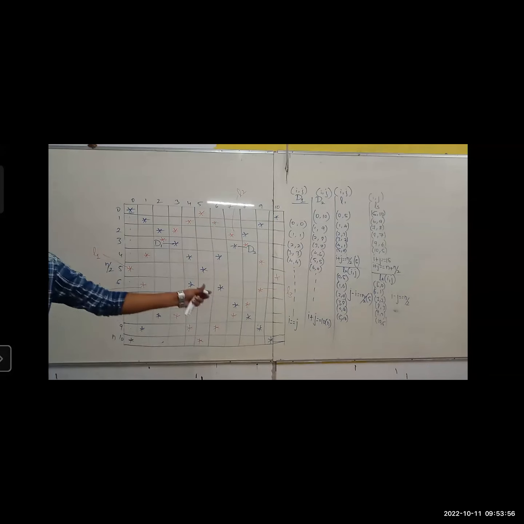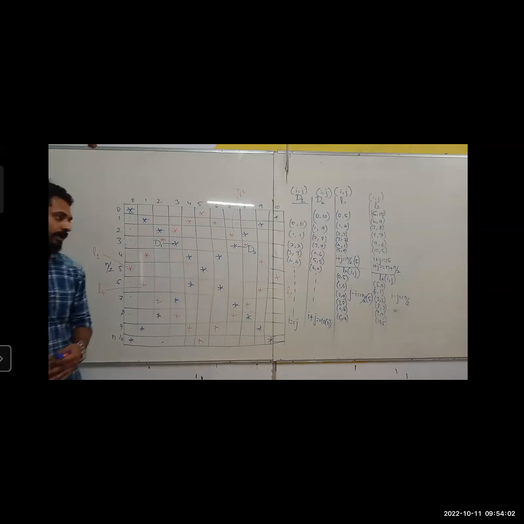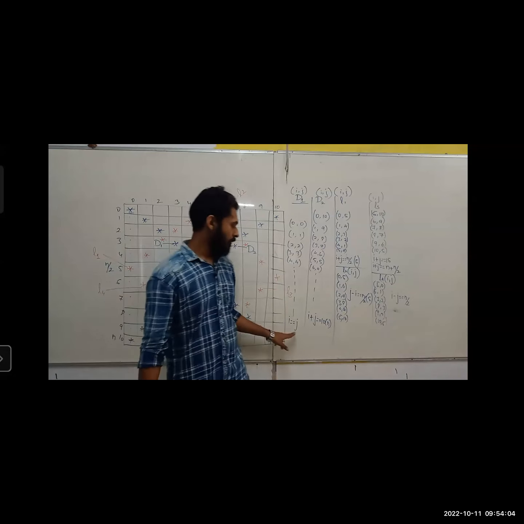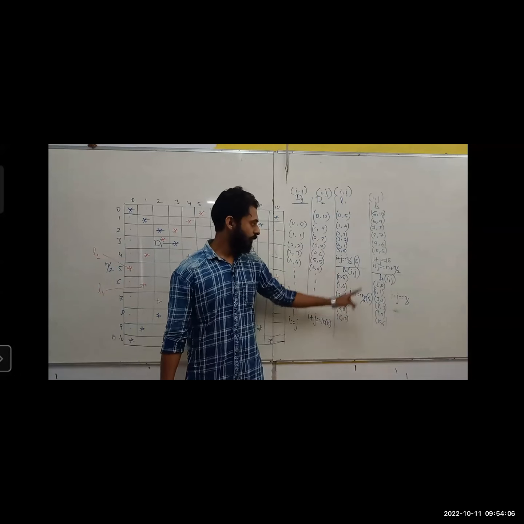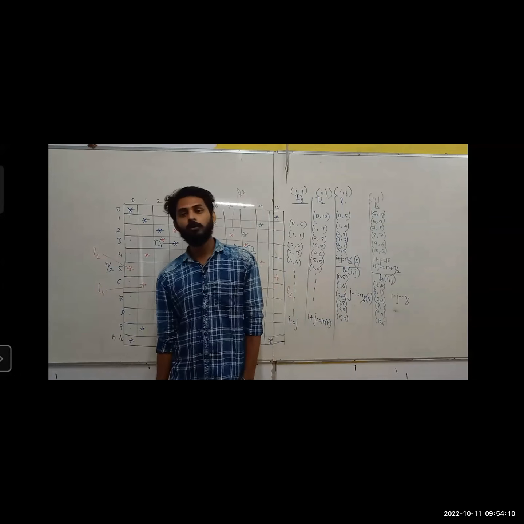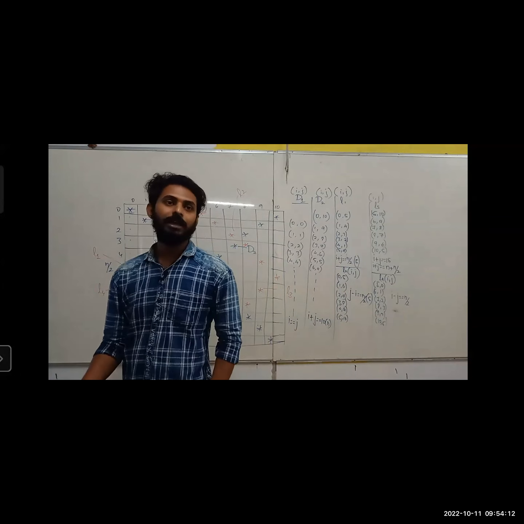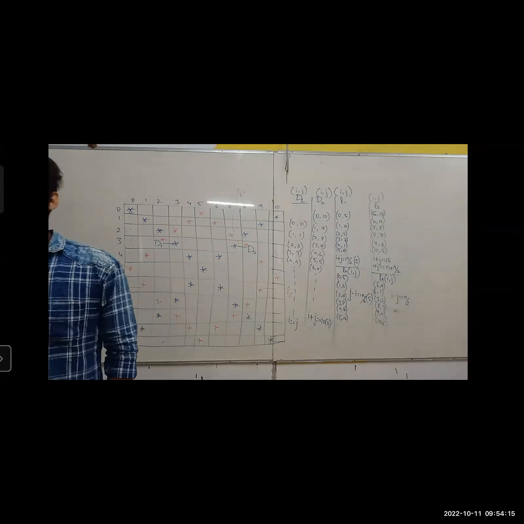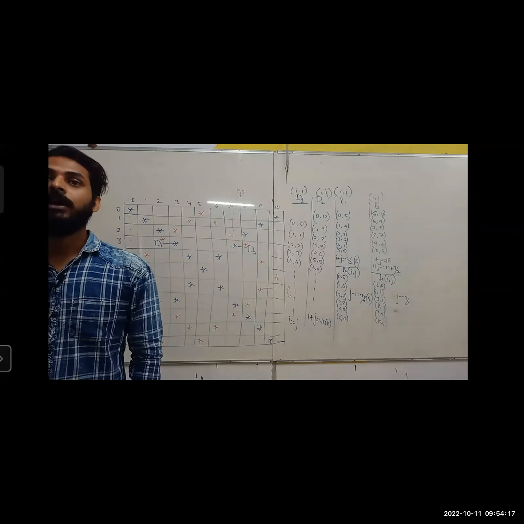Good. So now if I try to write it, along with all these conditions, overall how many conditions I got? 1, 2, 3, 4, 5, 6. Along with that, I will also write 4 more conditions. What are those? I equal to 1, I equal to n, j equal to 1, j equal to n.